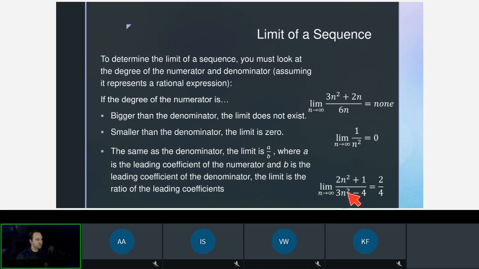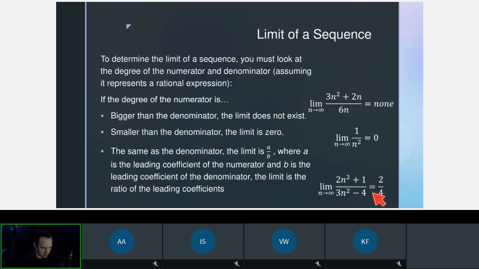And if they are the same, you take the ratio of the coefficients. So in this case, it would be 2 over 3. This is just like last term, we did the coefficients. 2 divided by... I'm sorry, why did I write 2 divided by 4? Wow, this slide has so many mistakes. I think I was tired by the time I got to this slide. I'm sorry, guys.